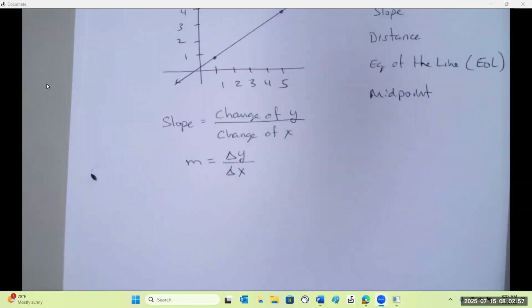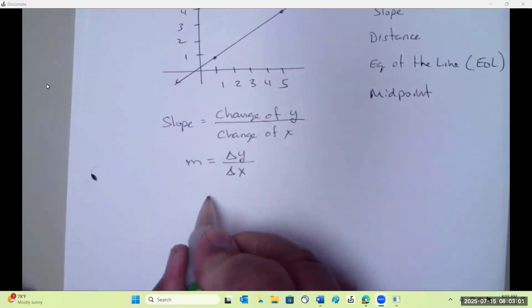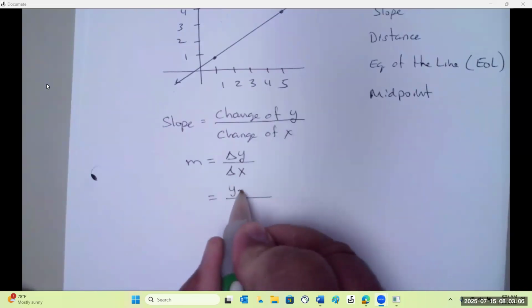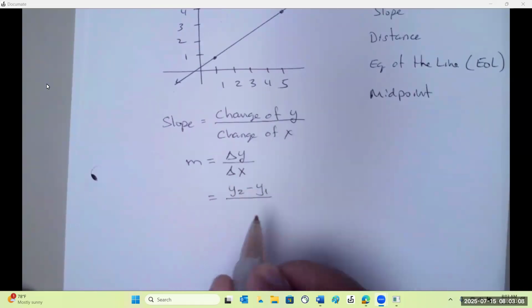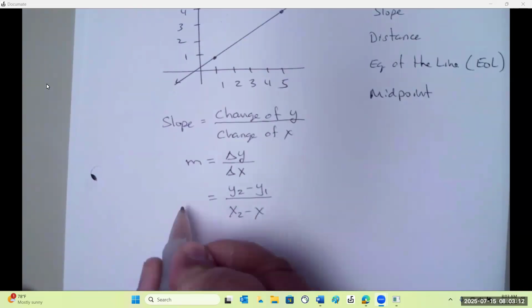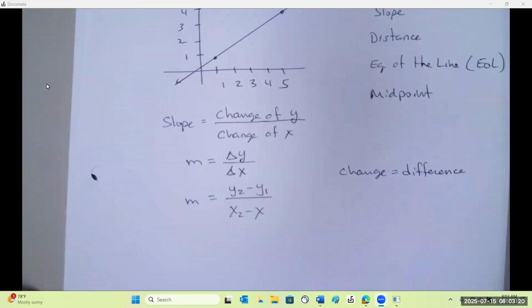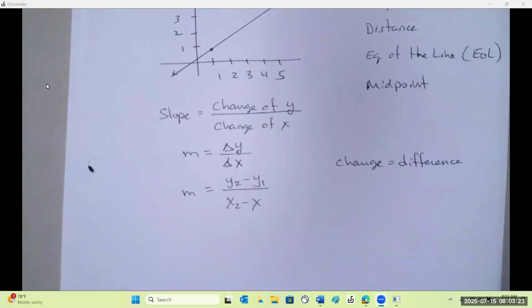That's how we represent it in mathematics. The change in y and the change of x, change simply means the difference between two numbers. By difference, we always take the second number minus the first number.